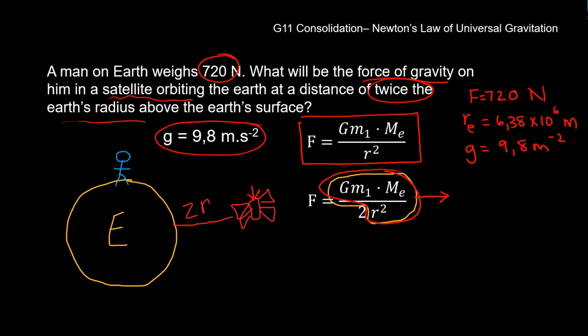That's going to be the same as 720 newtons. What about the radius? It says here that the radius is twice that of the Earth. So that's where the 2 comes from. We've said 2 times the radius of the Earth. Okay, but G, m1 times the mass of Earth, divided by r squared is 720 newtons.